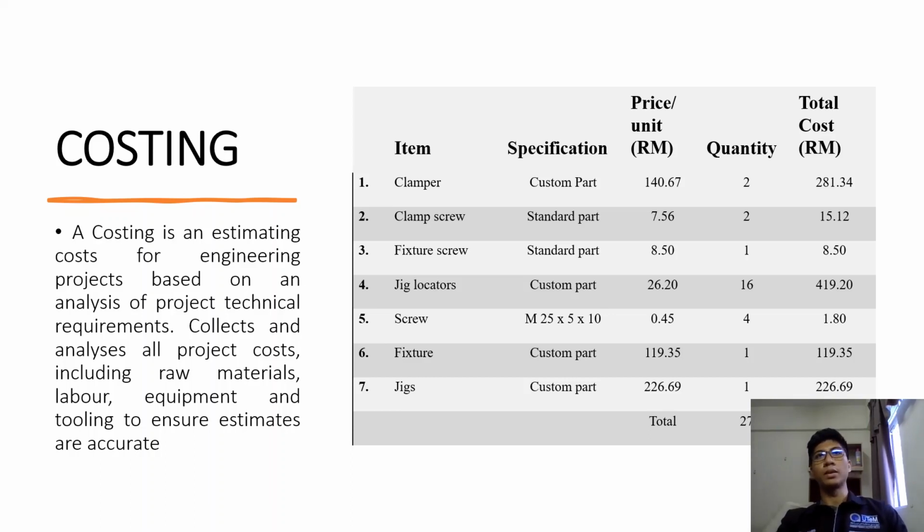From the table, you can see all the items and the major costing needed for the jig and fixture project. The things required are the clamper screw, fixture screw, jig locators, screws, fixtures, and jigs. So the total cost for the project is estimated about 1,072 ringgit.